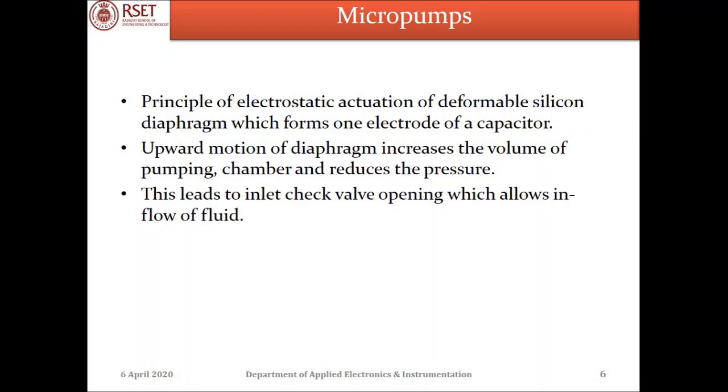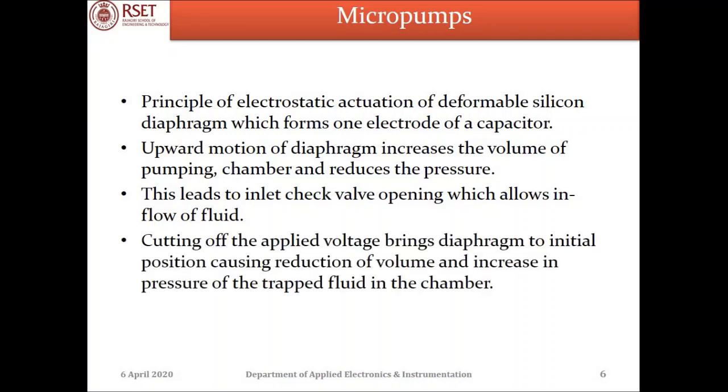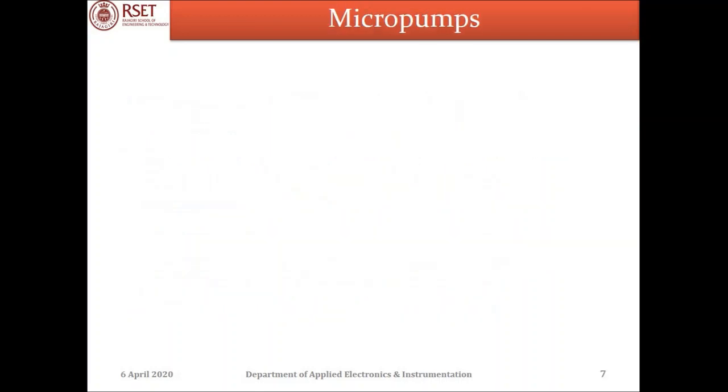This leads to the inlet check valve opening, which allows the inflow of the fluid. Cutting off the applied voltage brings the diaphragm to its initial position, causing a reduction of volume and increase in pressure of the trapped fluid in the chamber. The outlet check valve opens to release the fluid.